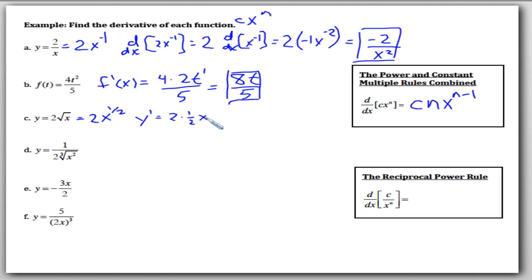And then x to the, let's see, 1/2 minus 1 is negative 1/2. Now if we clean this up, 2 times 1/2 is gone. X to the negative 1/2 is going to go in the denominator, and we'll just write it as the square root of x.